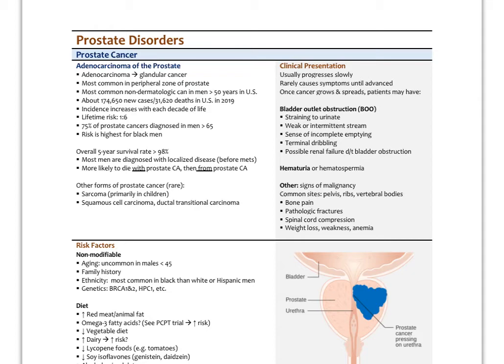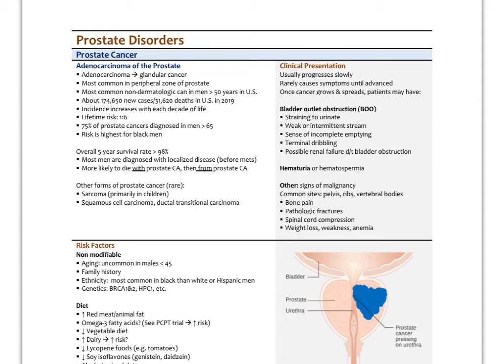It's the most common non-dermatologic cancer in men over 50 years old in the US. So the most common cancer and cancer death cause in men is lung cancer still, but for males over 50, prostate cancer is a very common cause. There's almost 200,000 new cases and about 32,000 or so deaths in the US.